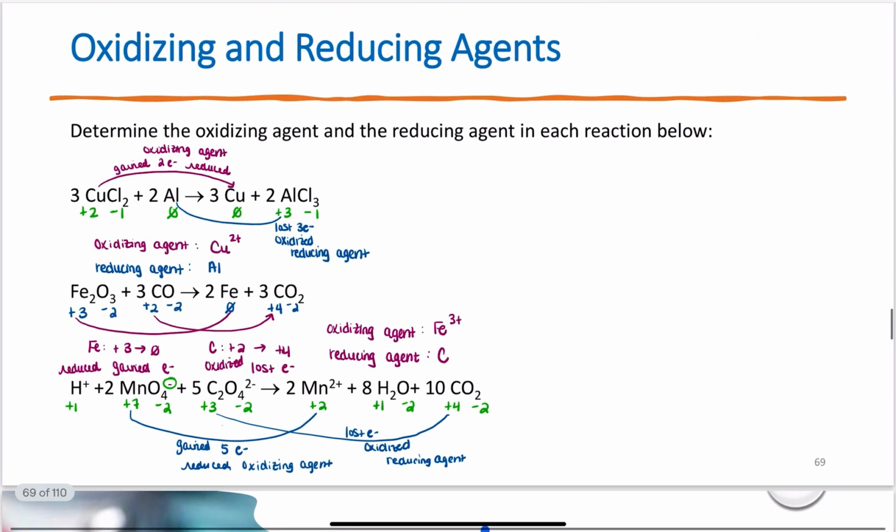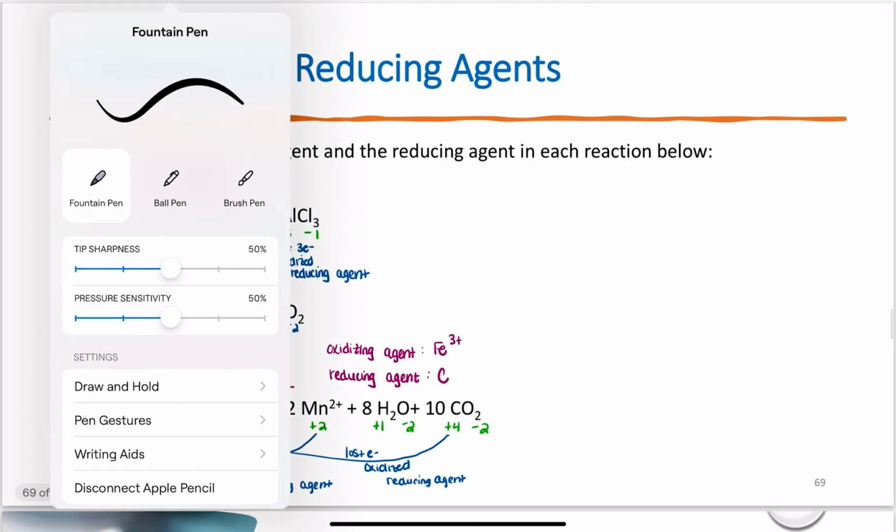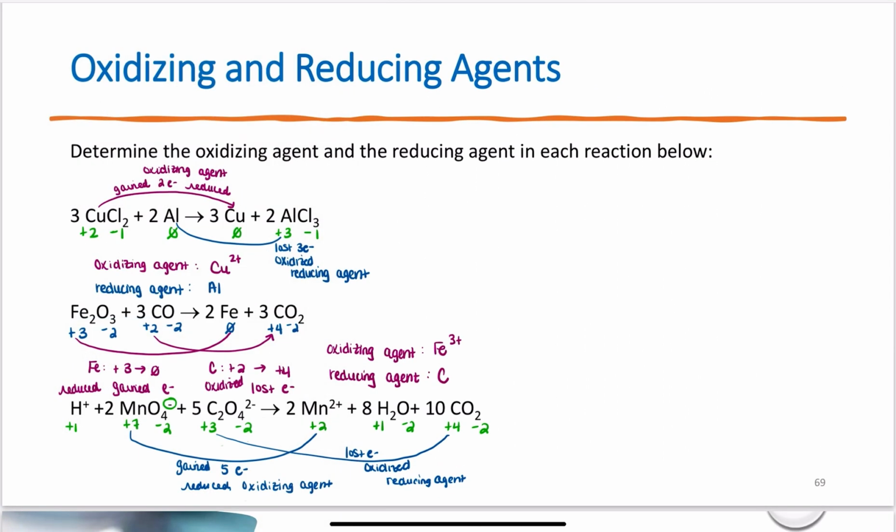So, on this last example, I apologize, 1 second. My pen is not working. The oxidizing agent is the manganese 7 plus.